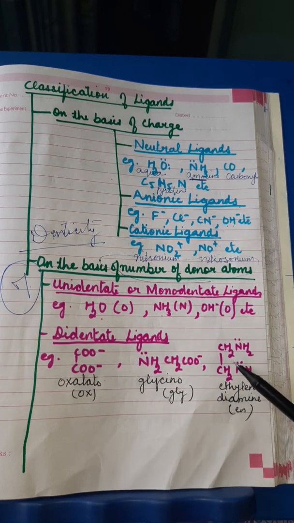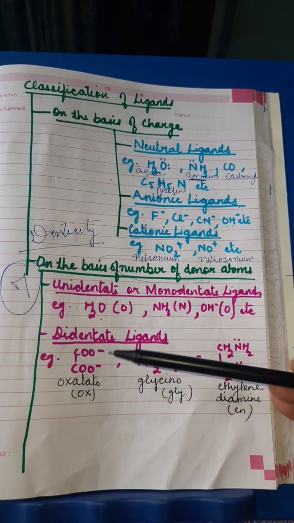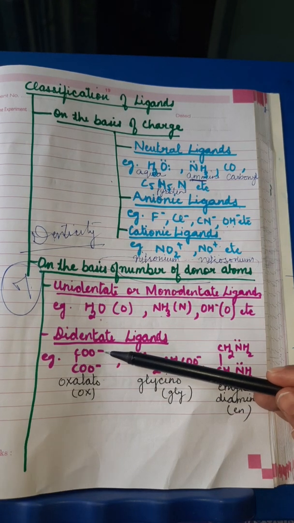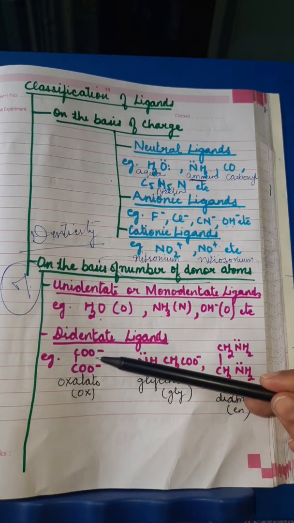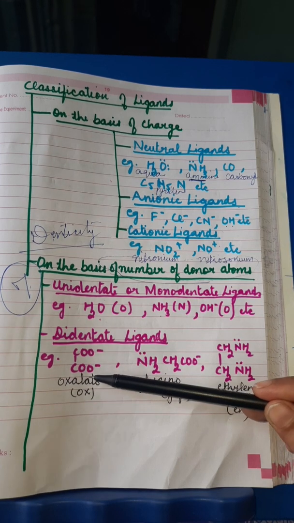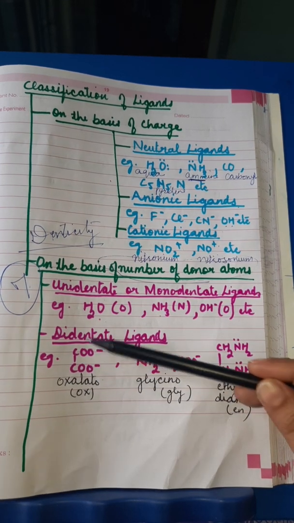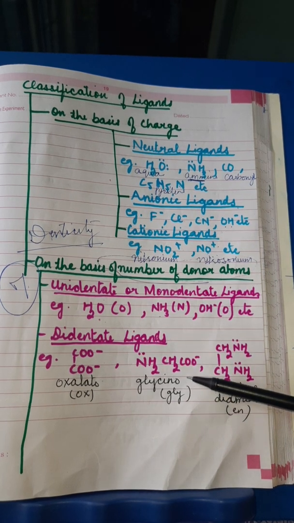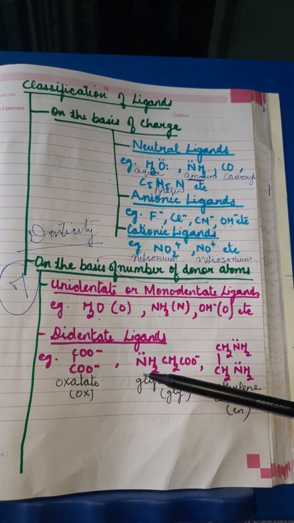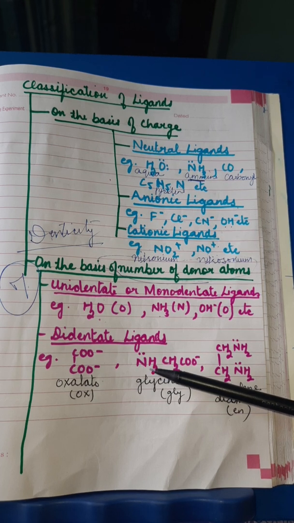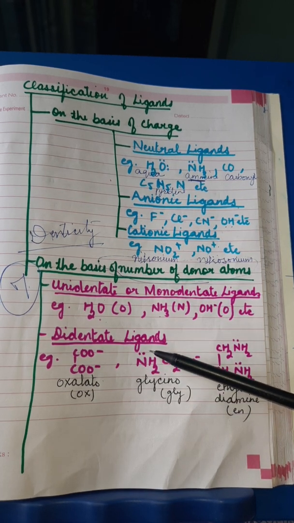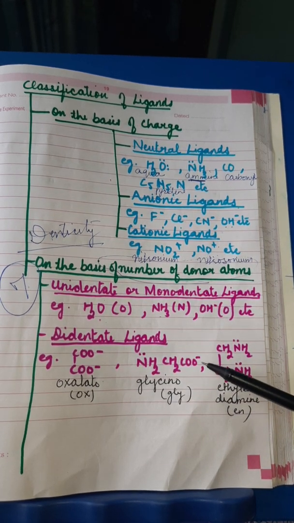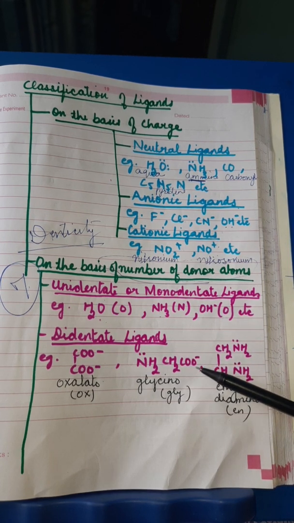In all these 3 examples, if you look carefully, in case of oxalato, it has 2 donor atoms, this negatively charged oxygen and this negatively charged oxygen. So, oxalato becomes a didentate ligand. In case of glycino, 2 donor atoms it has. One is nitrogen, which carries a lone pair, and the other one is the negatively charged oxygen.